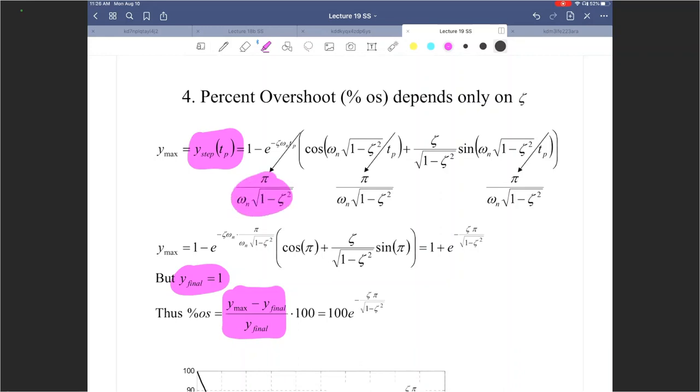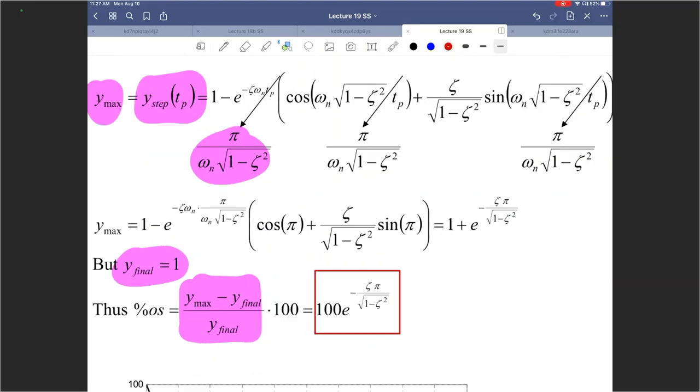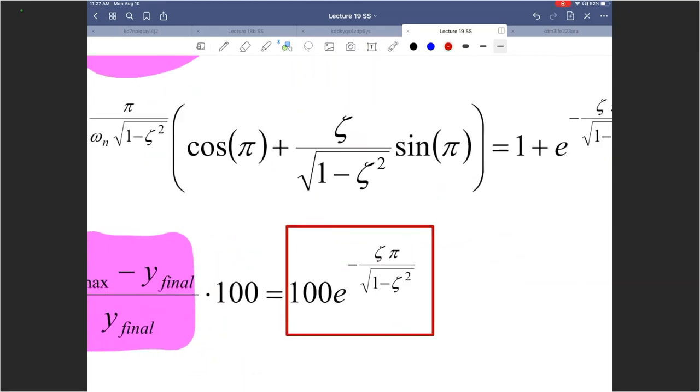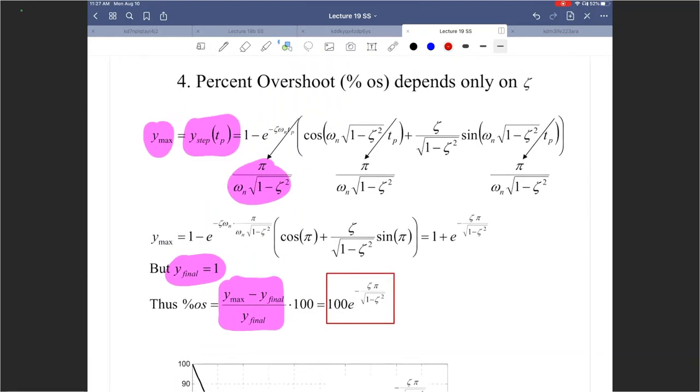So we will substitute TP into the step response, evaluate y max, and plug it into our percentage overshoot equation to evaluate this as 100 times e raised to the negative zeta pi divided by, sorry, not omega d, it is just the square root of 1 minus zeta squared. So another result for percentage overshoot.